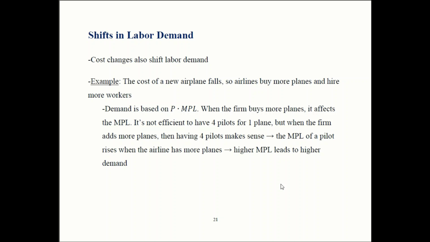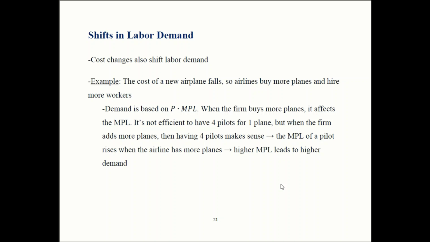So that story makes sense and can also be reconciled with what we learned earlier. We said the profit maximizing rule was wage equals price times MPL. So how is that impacted when you have more airplanes? Well, it's going to raise the marginal product of labor. If you have just one airplane and you have 4 pilots, then the marginal product of labor is probably going to be 0.